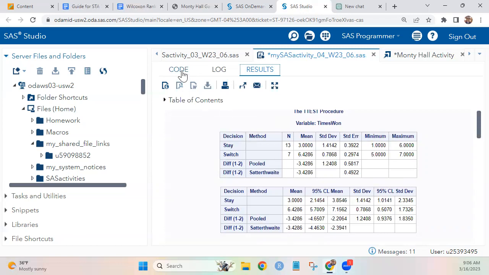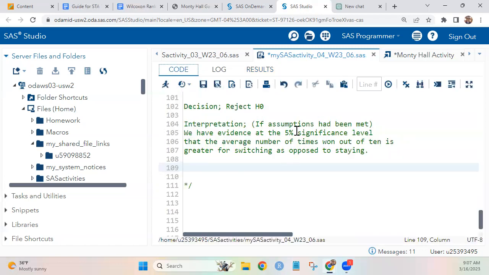But saying testing at the 5% significance level is slightly different than 95% confidence. Because what this is saying essentially is because we say we have evidence, we're saying that the p-value is less than 0.05.